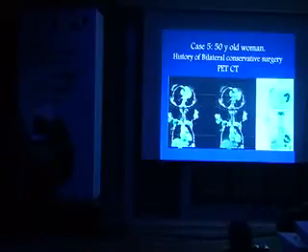So she had the PET CT, and what the PET CT showed is just, as you can see here, a tiny little uptake in the right breast. That's all. So the patient was referred for MRI.